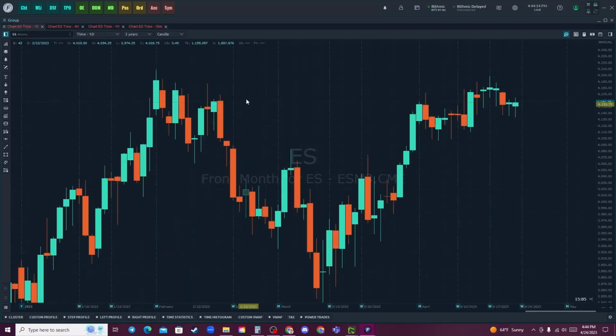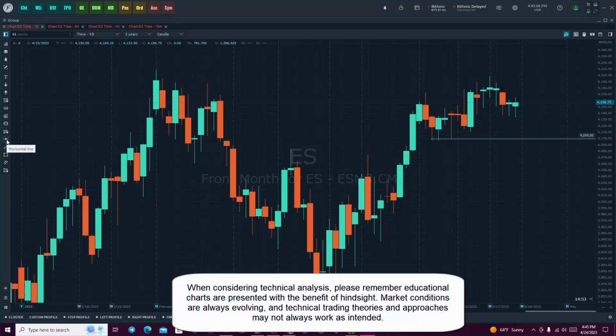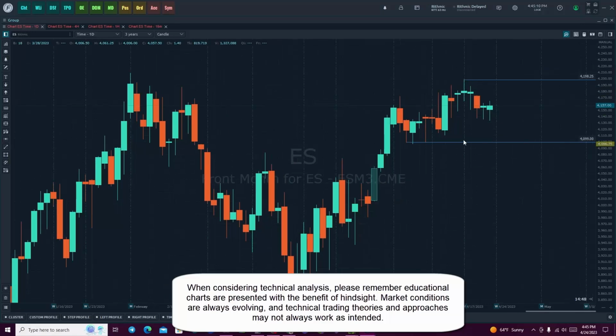So now when we do our top-down chart analysis, we go to the daily, and we can pick a horizontal line here, set up some levels that we have seen price respond off of, maybe the recent high, and so on.